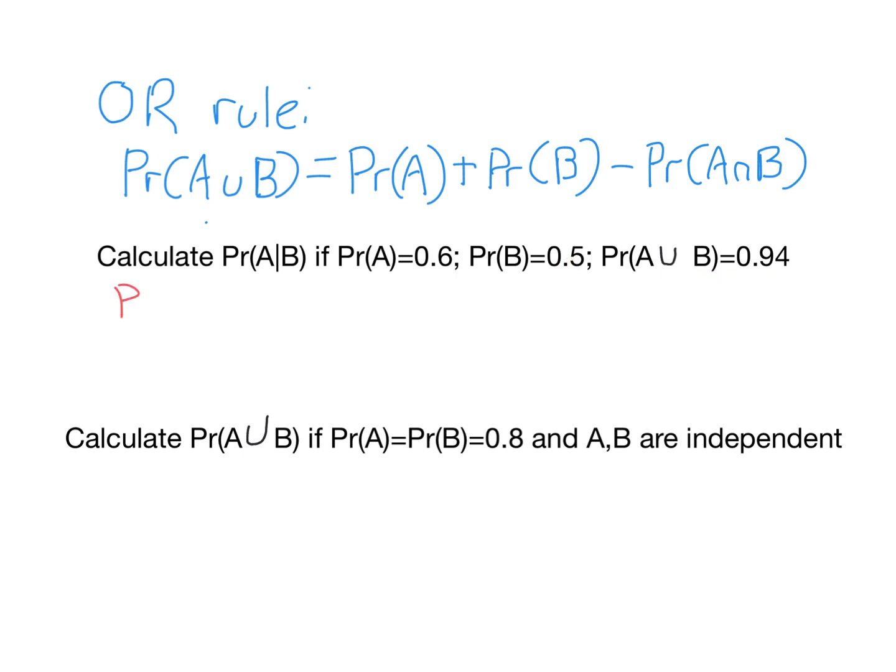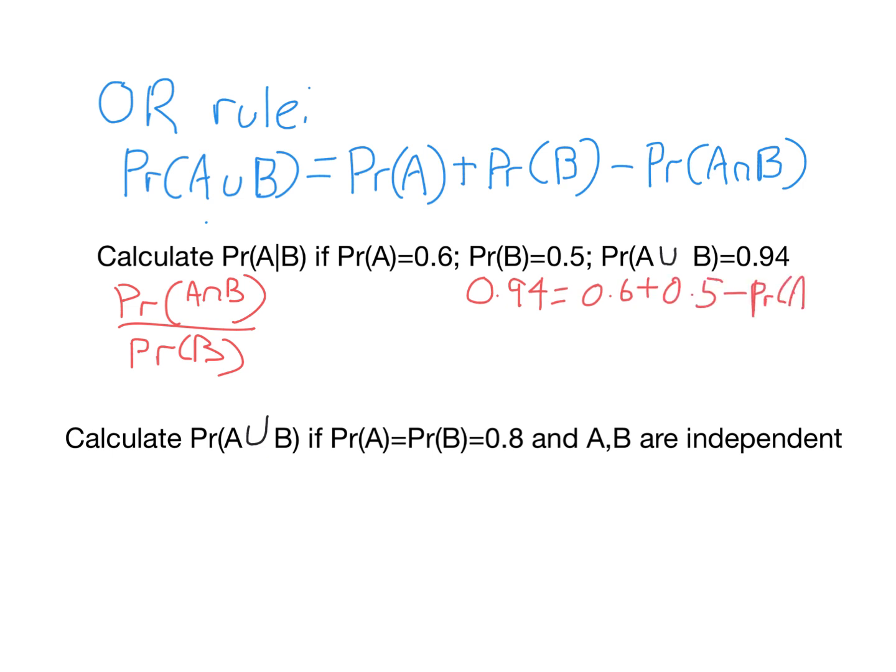Now we know from the previous slide the probability of A given B is the probability of both over the probability of the second. So let's use this OR rule to find probability of A and B. So we have probability of A or B equals probability of A plus probability of B minus the probability of both.